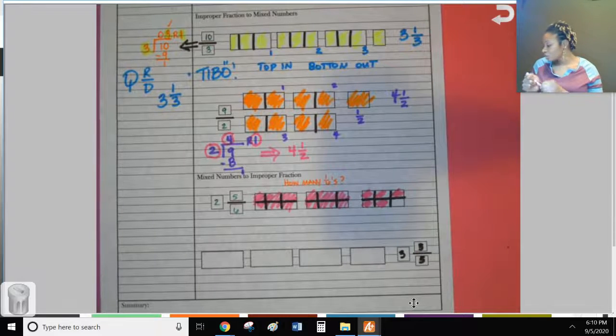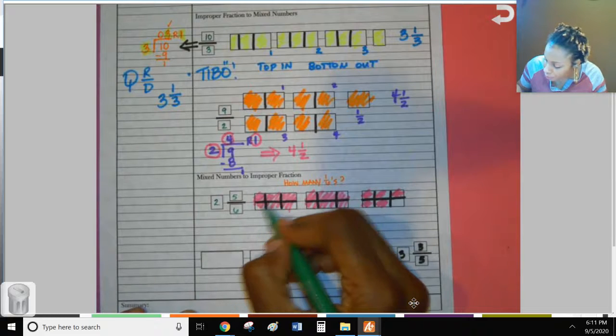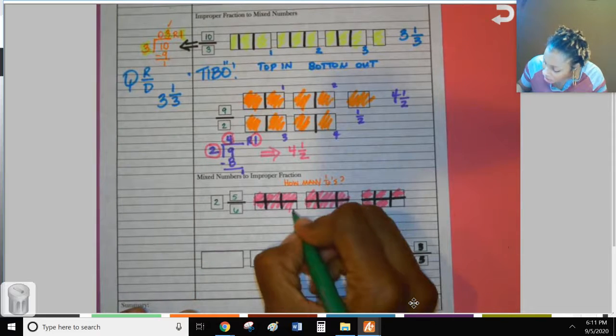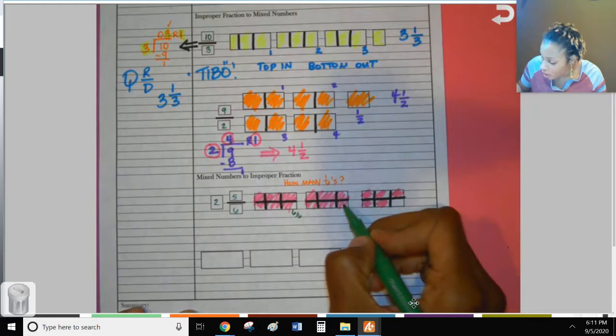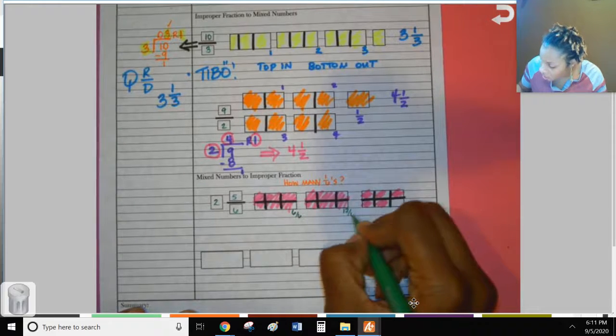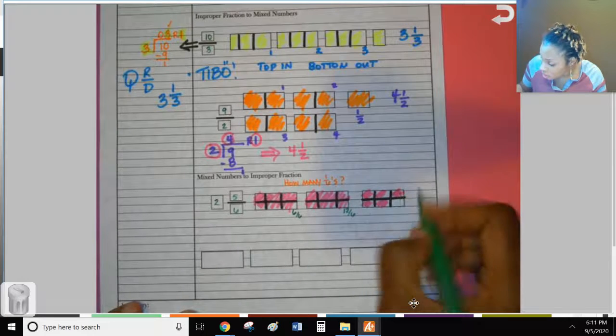So then the question is already written there for us. The question is, how many sixths are there? So 1, 2, 3, 4, 5, 6. This is 6. 7, 8, 9, 10, 11, 12. 13, 14, 15, 16, 17.